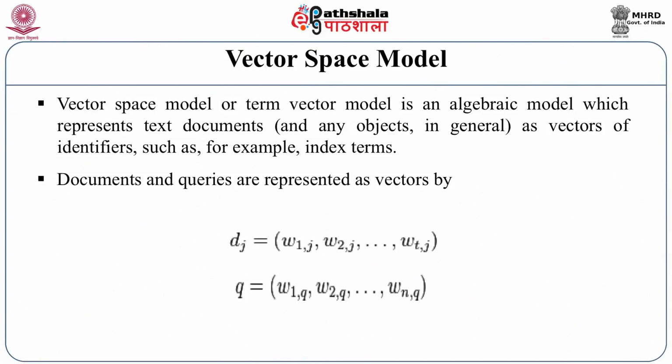That is also applicable for the query. If you look at the slide, you can get a glance of the vector expression for the document that is represented as dj, where suppose t words are there in that particular document, and those are represented as a t-dimensional vector.